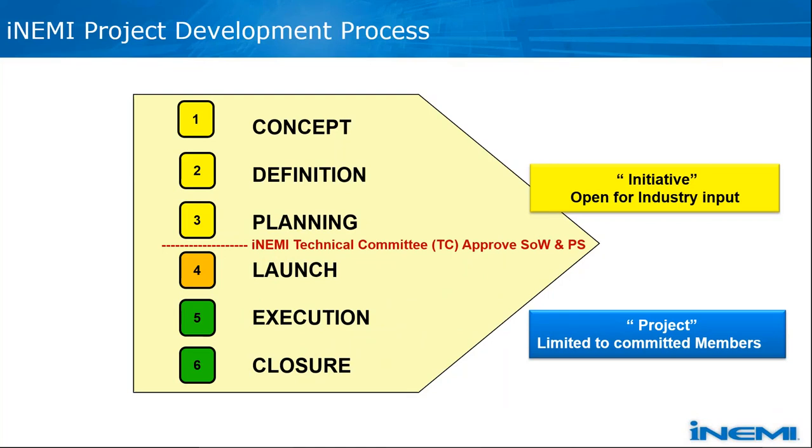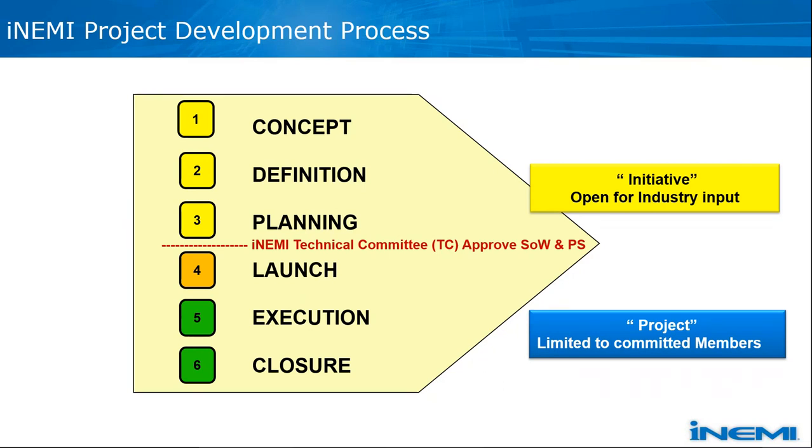This page will show the iNEMI project development process. There are 7 steps. Steps 1 to 3 are open for industry input. A new concept or initiative is given by the industry or from the iNEMI members. Then, based on those new ideas, step 2 is to discuss the definition of this project and make plans.